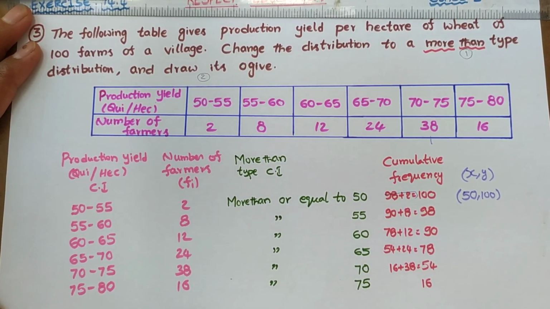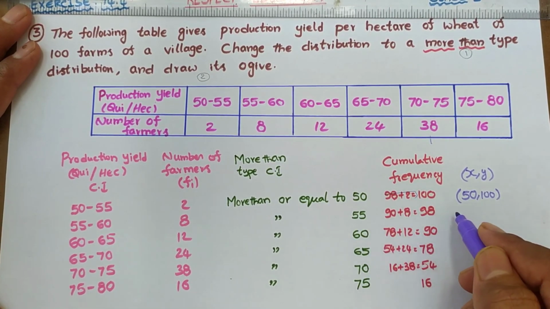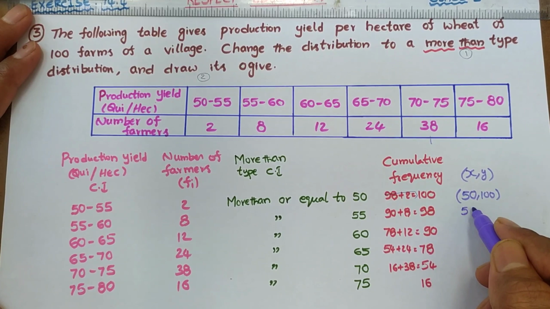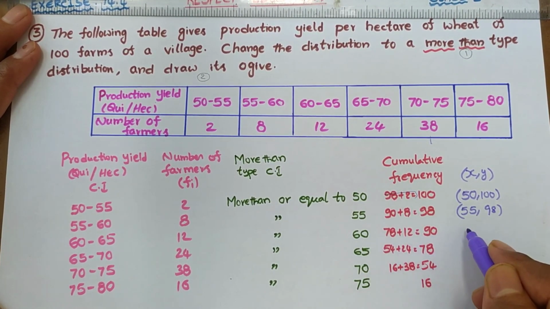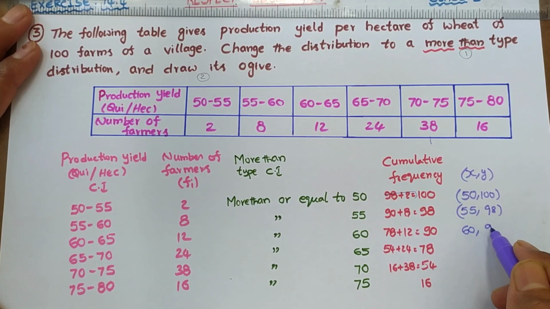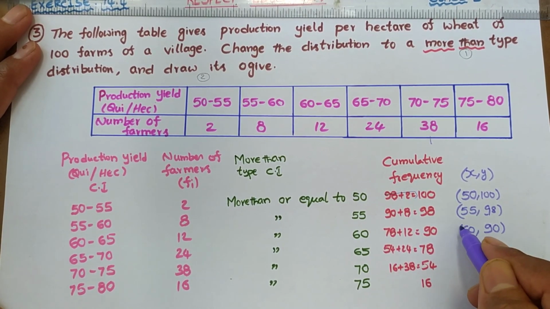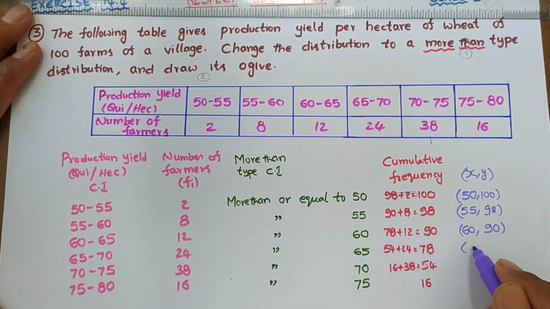And the second point is 55 comma 98. 60 comma 90. 65 comma 78.